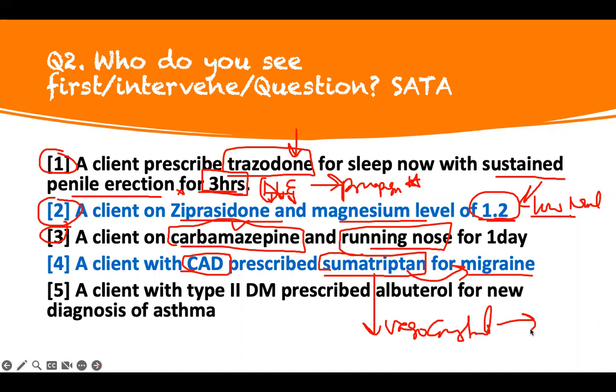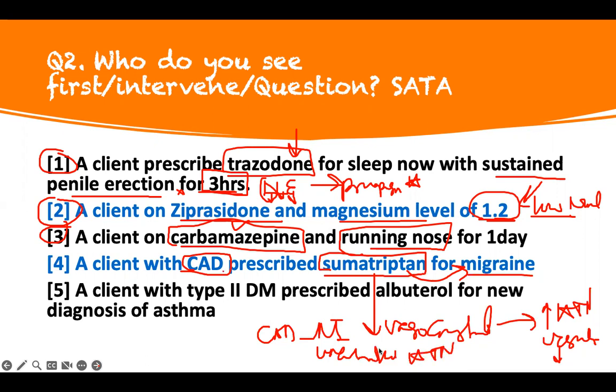Because of that, it can increase your hypertension. It can cause vasoconstriction and decrease blood flow. This can precipitate coronary disease, so it can lead to MI or uncontrolled hypertension. Therefore, we should avoid it in patients with hypertension and coronary disease. So we should see this patient.